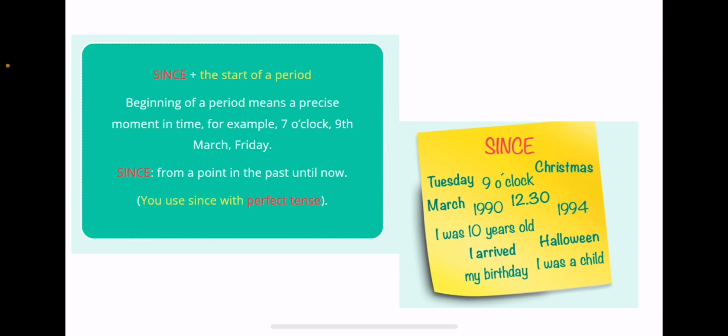For example, since Tuesday, since 9 o'clock, since Christmas, since March, since 1990, since I arrived, since Halloween, etc. So I can also say I've been studying English for 2 years, and I've been studying English since 2020, right? So those two words are important when we talk about time, especially in present perfect continuous.